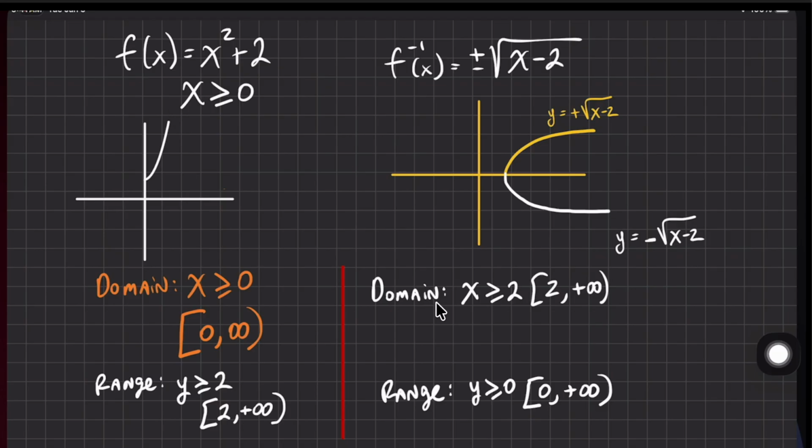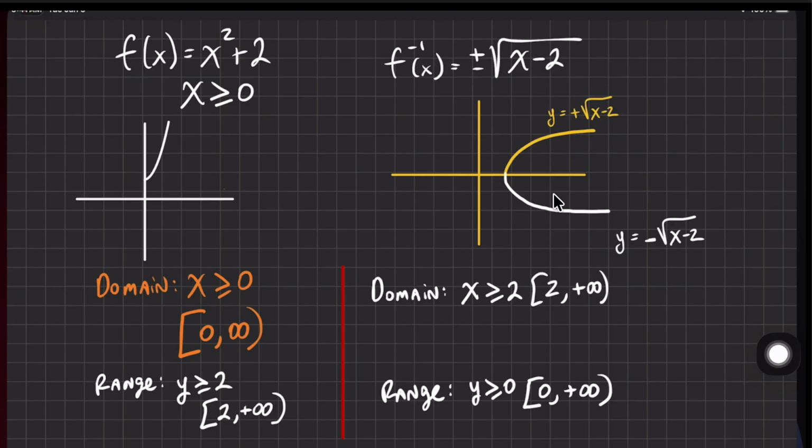Now when we switch, we're going to take the range y is greater than or equal to 2 and make that the domain x is greater than or equal to 2. We're going to take the original domain x greater than or equal to 0 and make that the range of the inverse function where y is greater than or equal to 0.